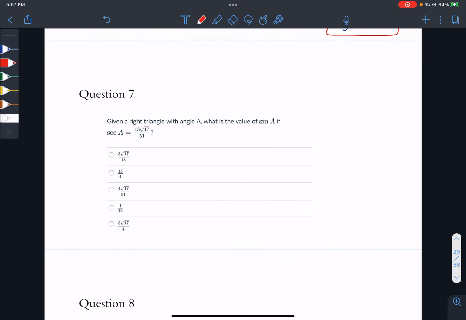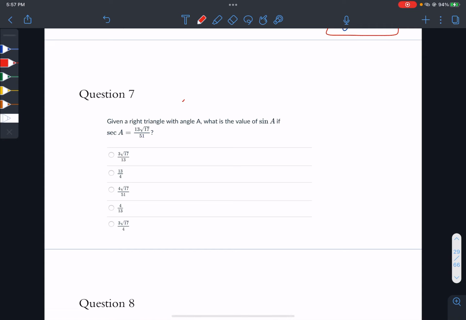Next. Given a right triangle with angle A, what is the value of sine A if secant A is 13 square root of 17 all over 51? When we are solving this, as long as you have one given, you need to use a triangle.